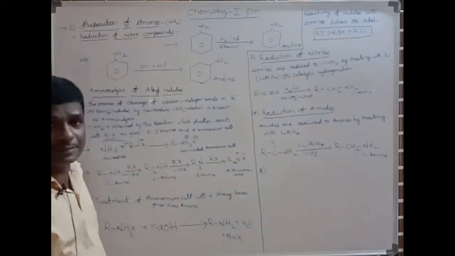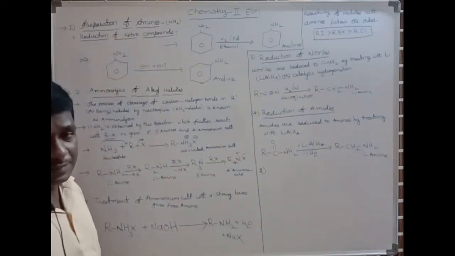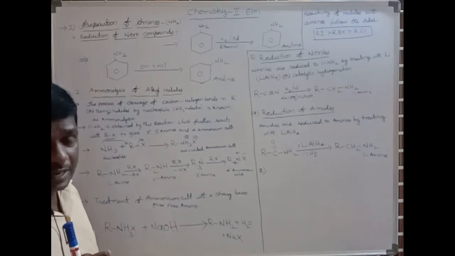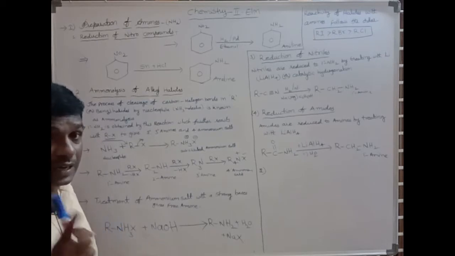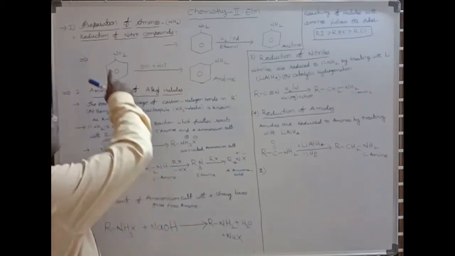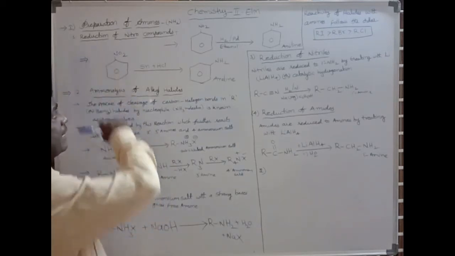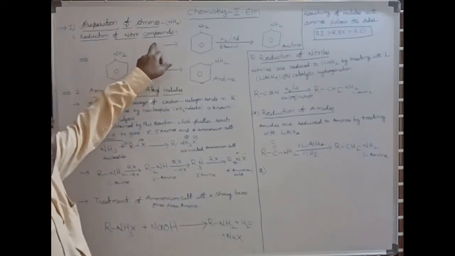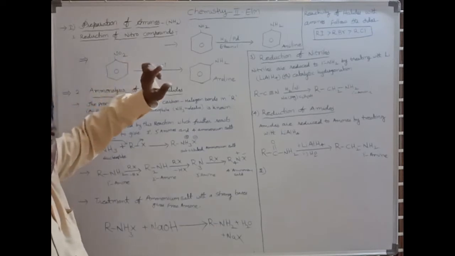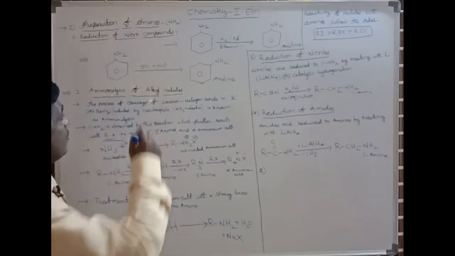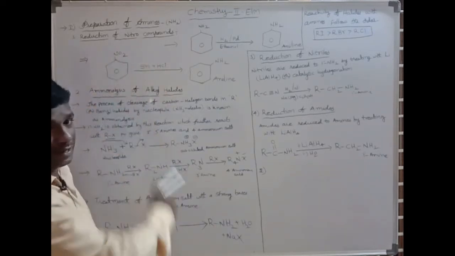What is the meaning of reduction? It is the addition of hydrogen atoms and removal of oxygen atoms. That is called reduction. Now, the nitro group, NO2, is also known as a nitro compound.